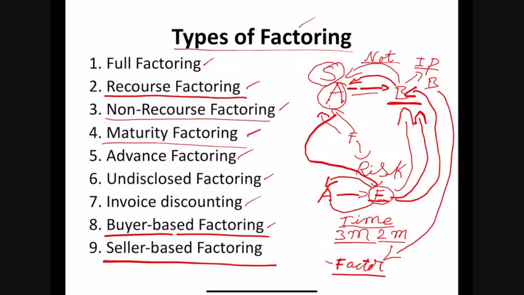Even if my customer puts IP, insolvency petition, the factor will give me the amount because the factor is working on behalf of the buyer. He has given a guarantee. So I will sell goods with confidence to B. This is called buyer-based factoring, which is reverse to seller-based factoring.